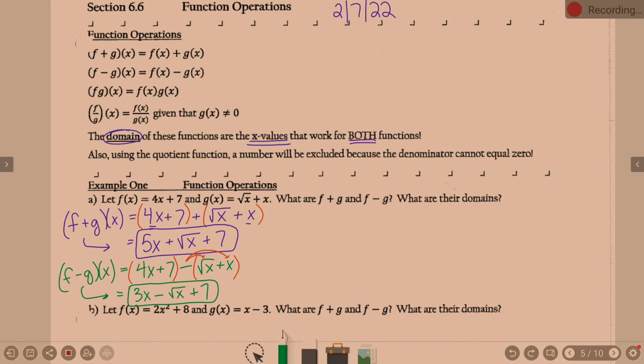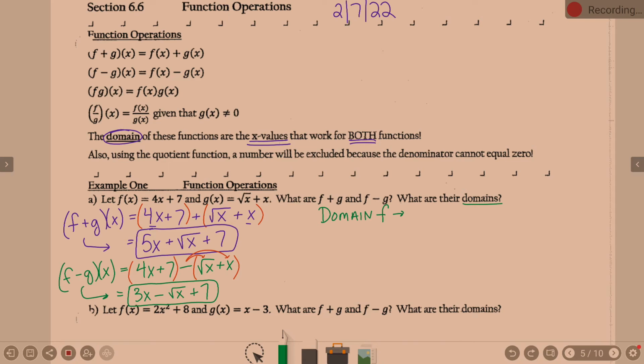Now, before we move on, though, we were asked to talk about their domains. So, as we talk about the domains, my suggestion is we talk about the domain of f, the domain of g, and then we'll put it all together. So, if I talk about the domain of f, what was f?